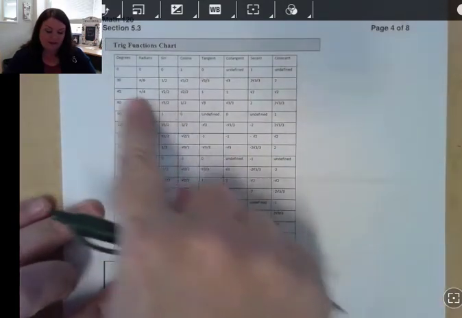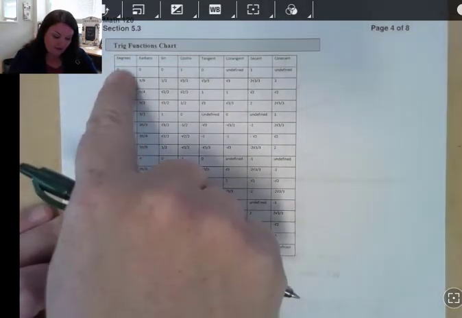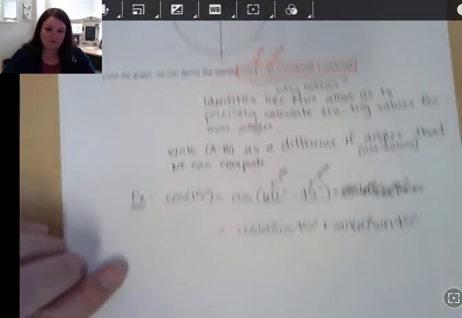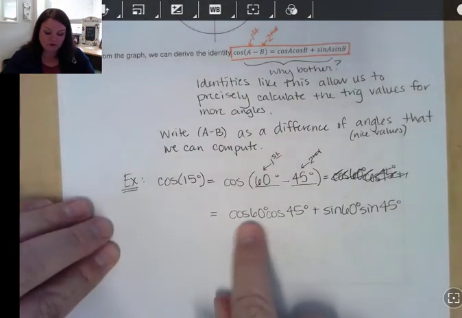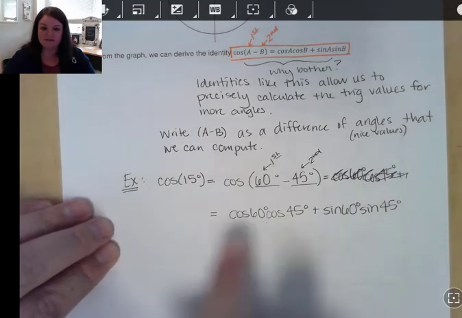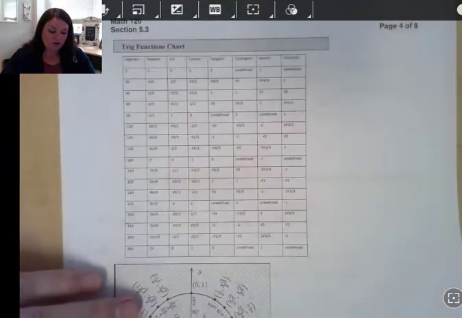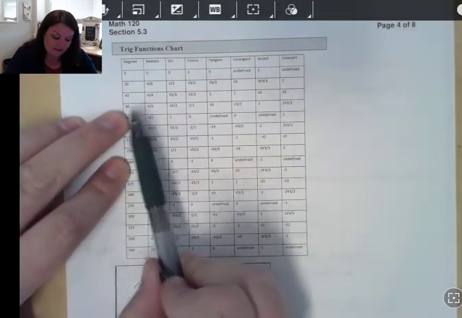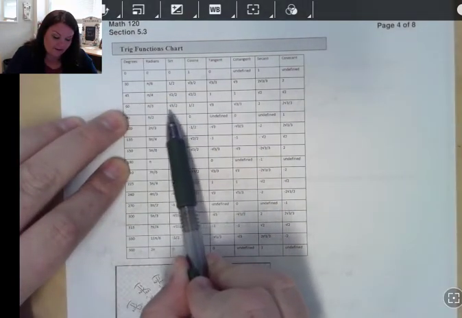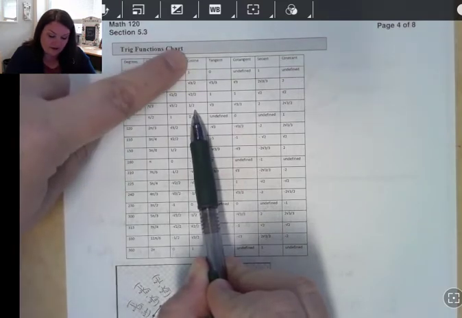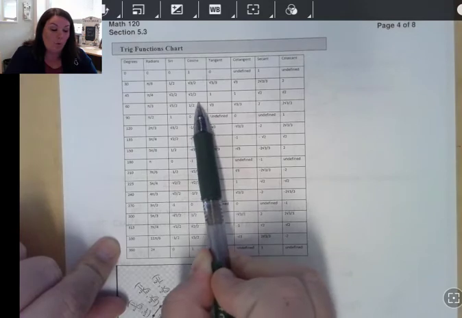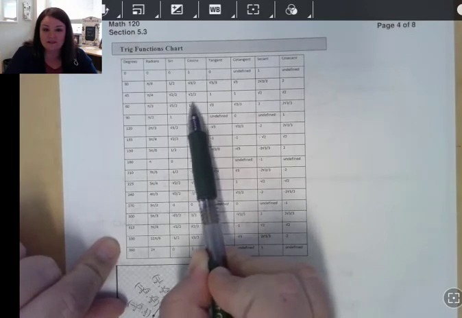So if I look at this chart, basically I look up in degrees. Like on our first one, we need to know what cosine of 60 degrees is, right? So on this chart, I would go to my degrees column and go down to 60 degrees and then go over until I find that cosine value of 60 degrees. Okay, so we can see here that cosine of 60 degrees is 1/2.